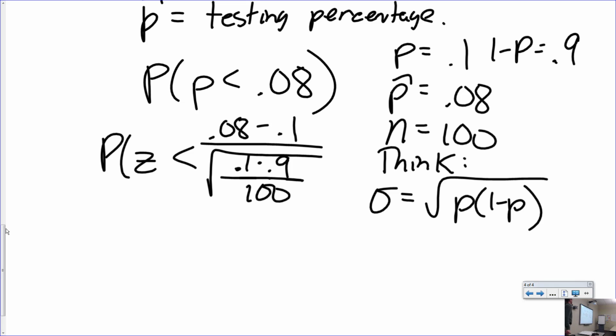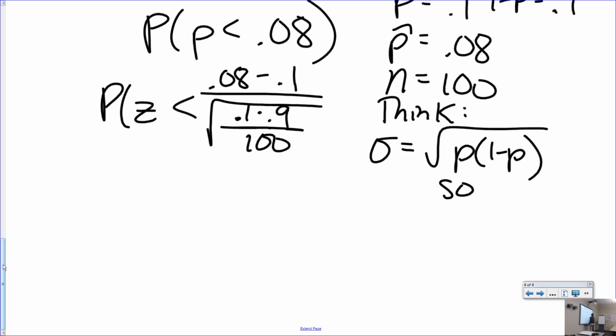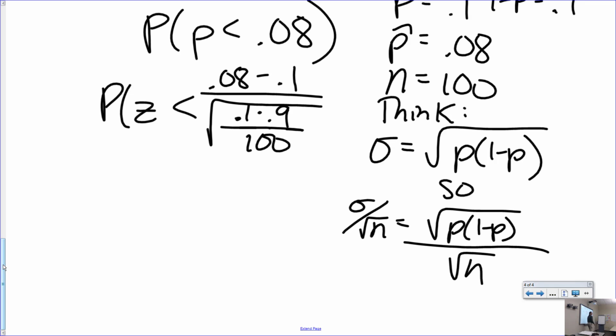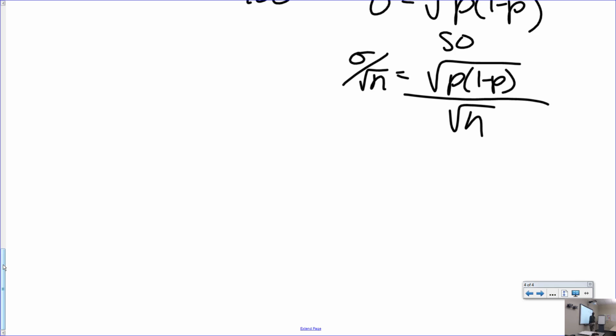If you want to think about this in terms of what we were working on a little bit ago, when you're working with probabilities or percentages, the standard deviation of a probability distribution will always be calculated as the square root of p times 1 minus p. And if you think about sigma over the square root of n, you can absorb those all underneath one square root.